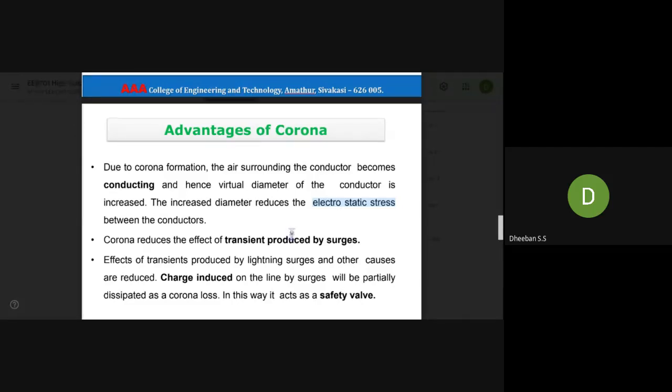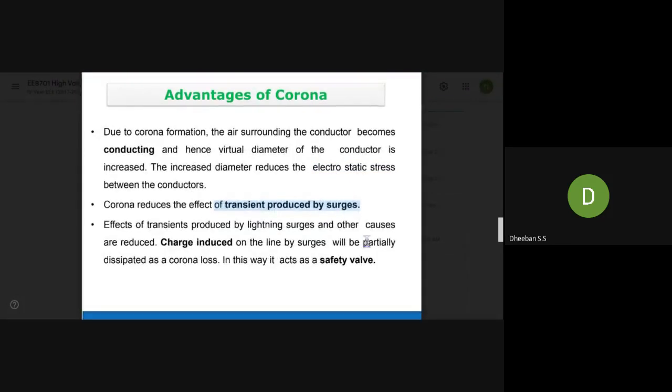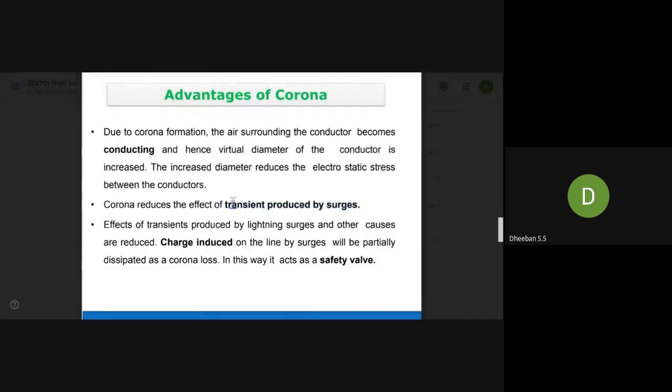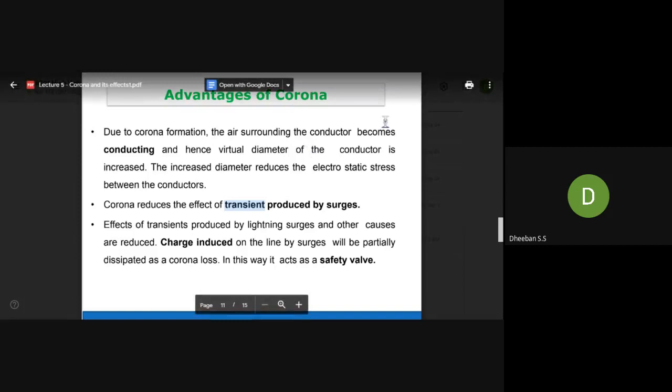Next, corona reduces the effect of transients produced by surges. You already know transients by surges, so I don't need to explain so much. Due to the surges, there will be a sudden spike in your voltage for a very short duration of time.